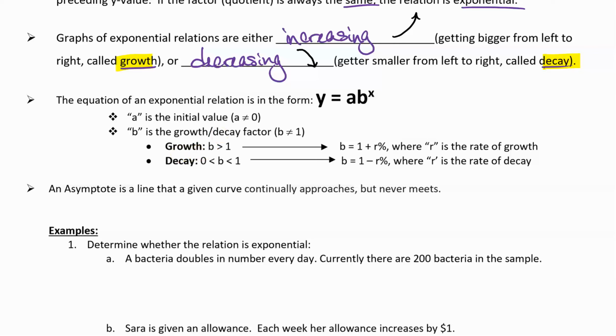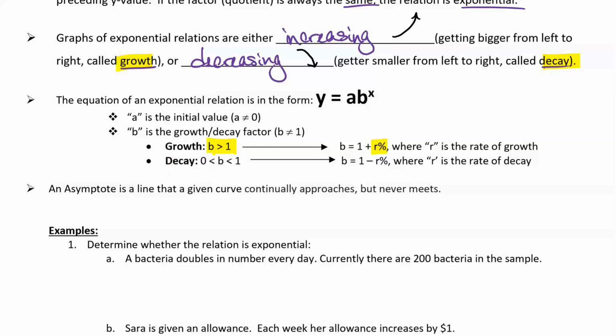Okay, now here's a trick. If the factor for growth is a number that's larger than 1, remember it can't be 1. If it's larger than 1, even 1.1, 2, 3, that's what the b value is. Then you have a growth factor, okay? And that amount is the amount that's added to the 1. Okay, that's how much it's growing by percentage. Over here, the decay factor is going to be a positive number, but it has to be in between 0 and 1.